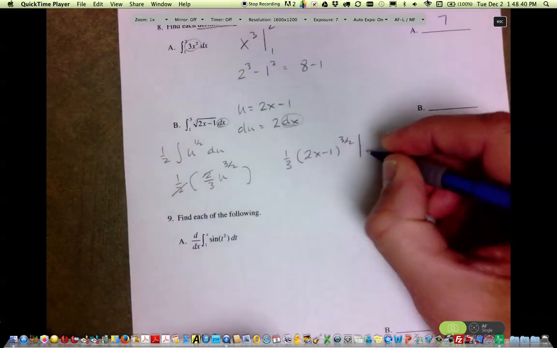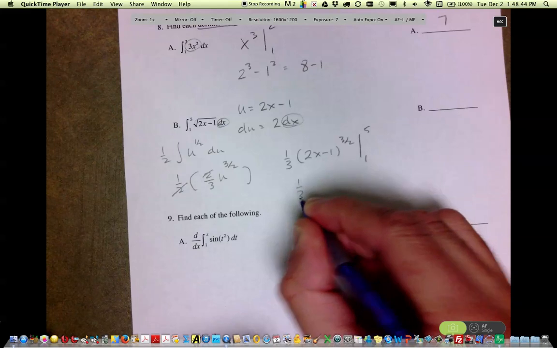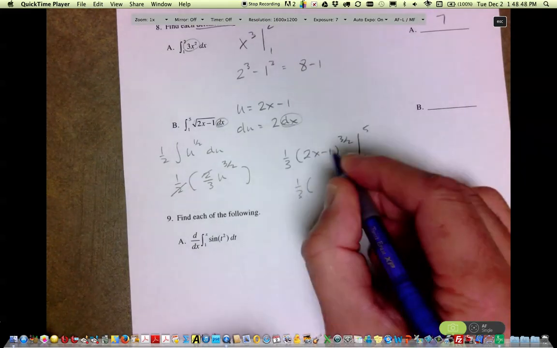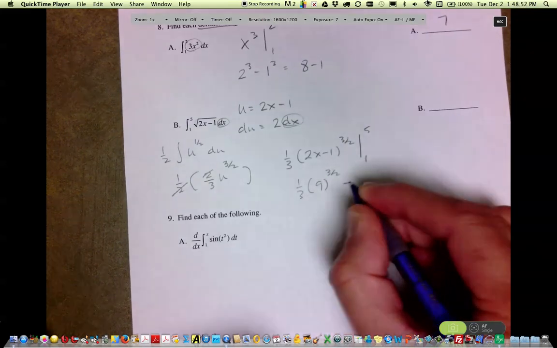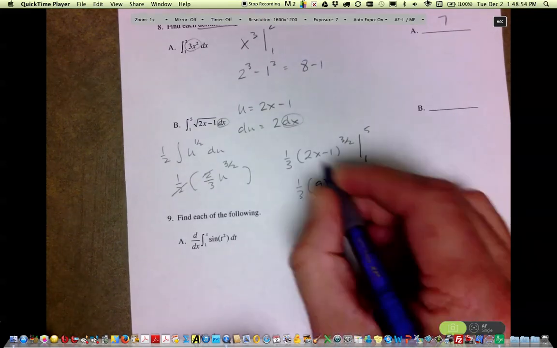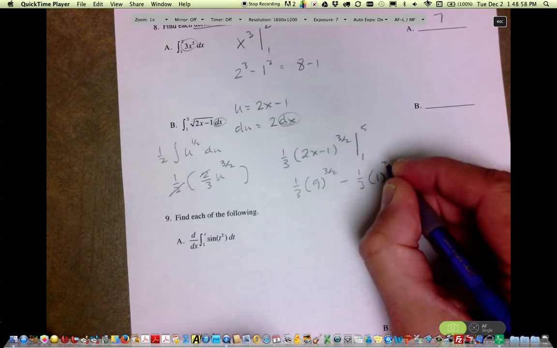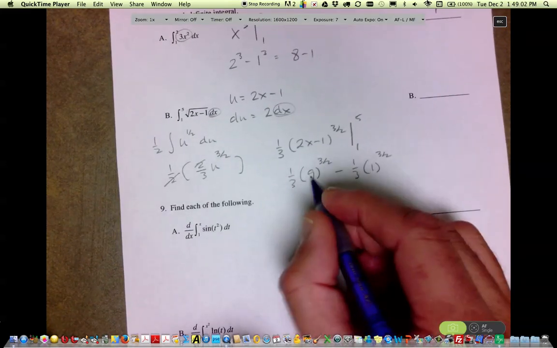Then we're going to plug in 1 and plug in 5. So we're going to get 1/3. If I put 5 in here, we're going to get 10 minus 1 is 9 to the 3/2. Minus 1/3. Plug 1 in here, we're going to get 2 minus 1 is 1 to the 3/2. So 9 to the 3/2.